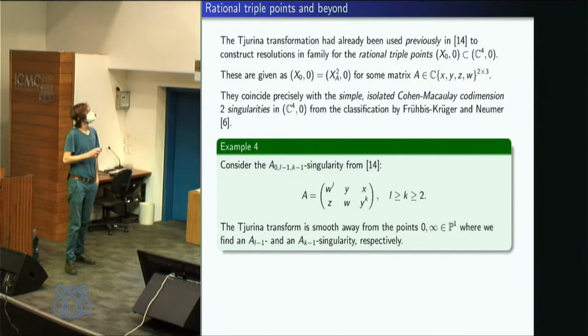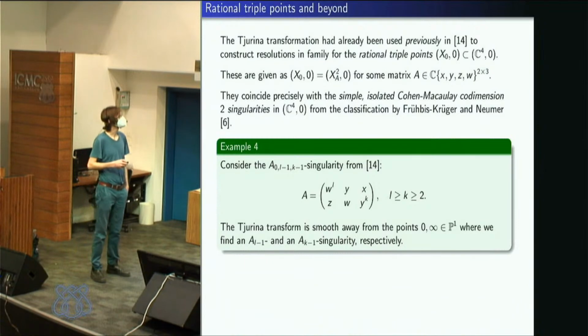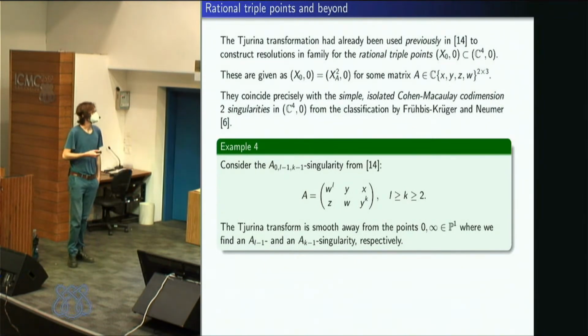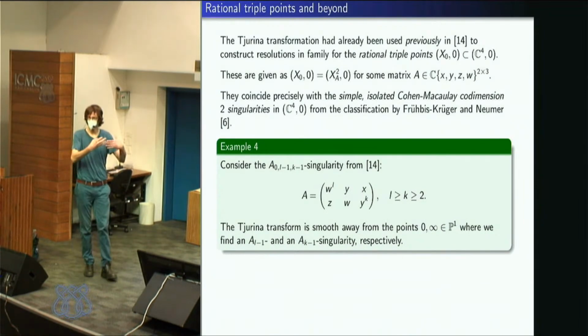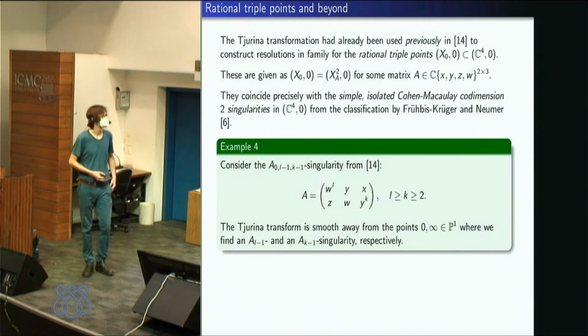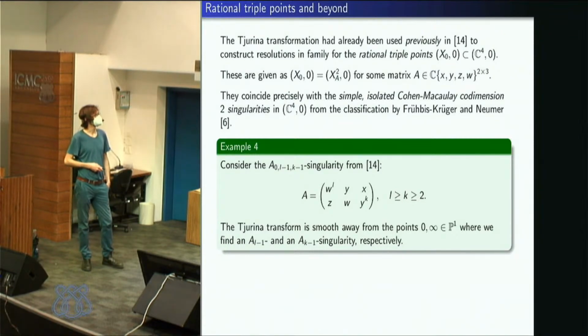And I said these Tjurina transformations had been used to construct resolutions in family, so you can construct a resolution in family also here, and you can do the Tjurina transform for that matrix, and you find out that in the transforms you have two local new singularities at the points 0 and infinity, and they are of the double point type, right? And for them, it's already known that resolution in family exists, and you can piece everything together, as in the previous example, to get a full resolution in family. That's where the Tjurina transformation originally appeared.